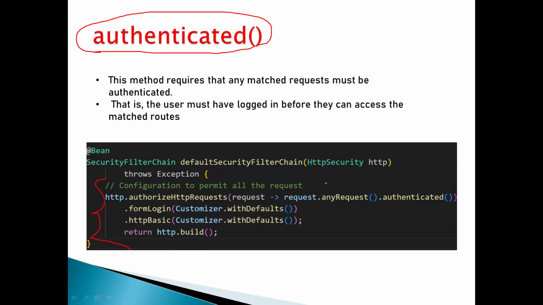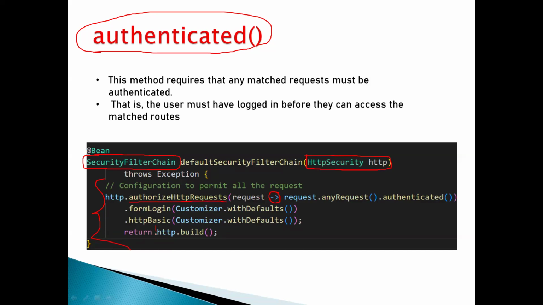In Spring Boot 3 onwards, we need to create a SecurityFilterChain object. One parameter is expected, HttpSecurity. Inside HttpSecurity, whenever you hit an API from Postman, we have a method called authorizeHttpRequests. This is a lambda expression.